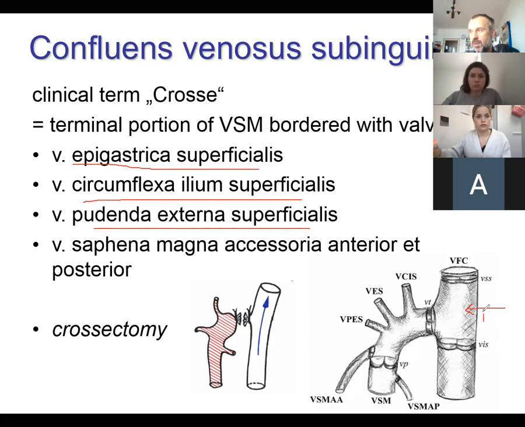Yeah, so this is pudenda externa profunda, the deep external pudendal vein. And then, of course, the accessory saphenous vein. So in case you have severe varices, you just cut here the confluence, and this is called crossectomy. That's why I wanted you to know the term cross.